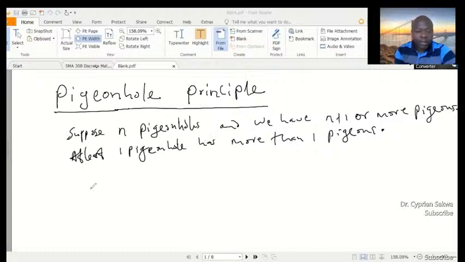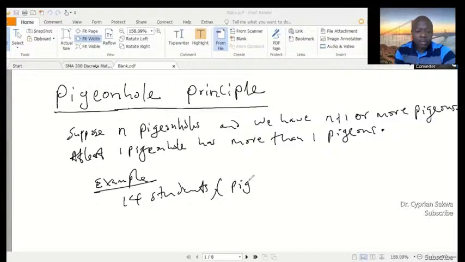The example is this. Take 14 students, and take these to be the pigeons, and the 12 months of the year, take these to be the pigeonholes.